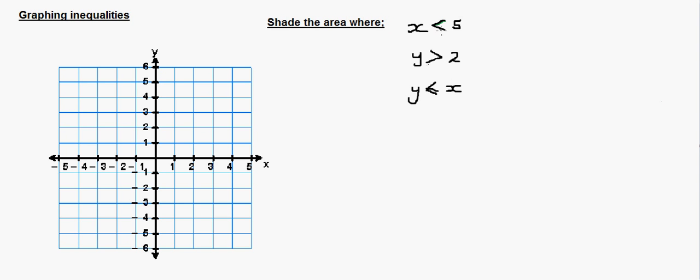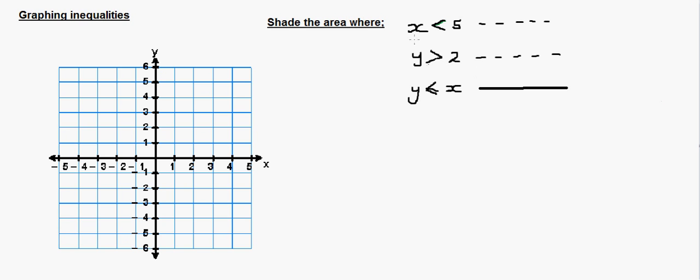So first off, I look at the signs. Now this is less than, so this is going to be a dotted line. This is greater than, so again a dotted line. Now this is less than or equal to, so I know that this is going to be a solid line.